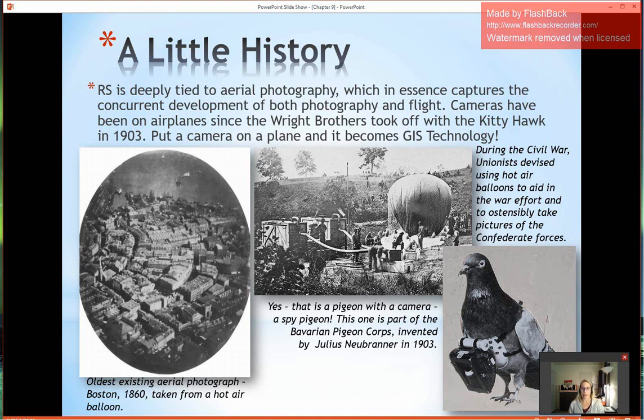I guess a lot of pigeons didn't fly in a straight path, and they tended to get eaten by other animals, so they weren't terribly consistent, but they were a good start. I also read that the CIA took over using pigeons to do spy reconnaissance, but I didn't really find much more beyond that. So something interesting to explore if you're into it.